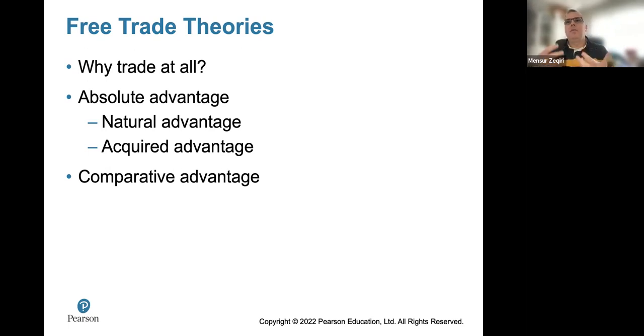And it's mainly through specialization that countries can increase their efficiency, and they can do this mainly for three reasons. For example, labor could become more skilled by producing or repeating the same task, and this increases the efficiency. Also, labor would not lose time in switching production from one kind of product to another.